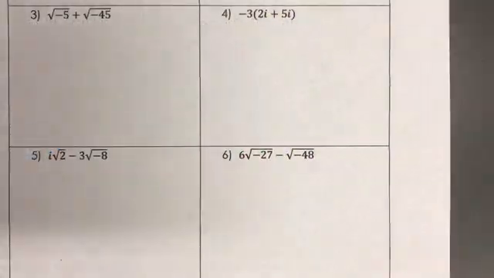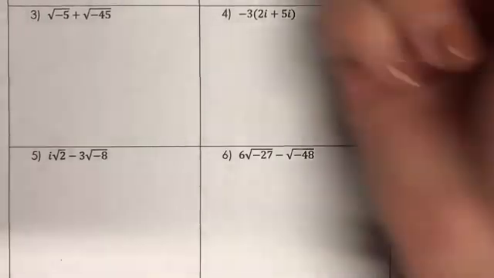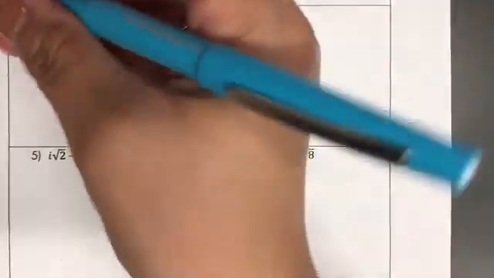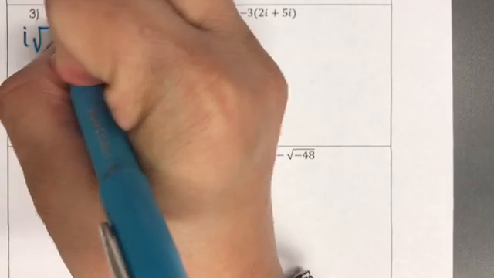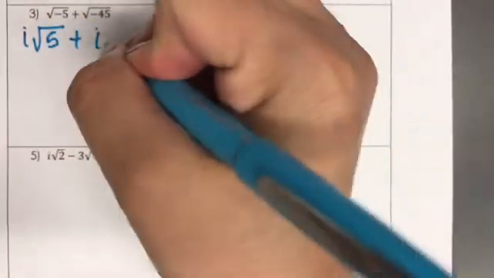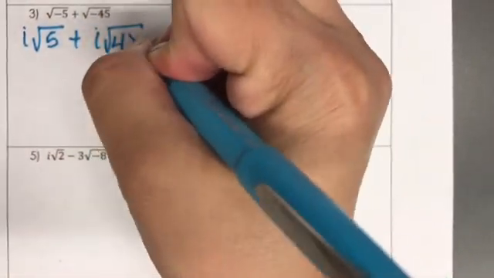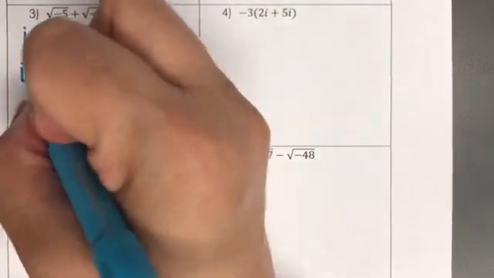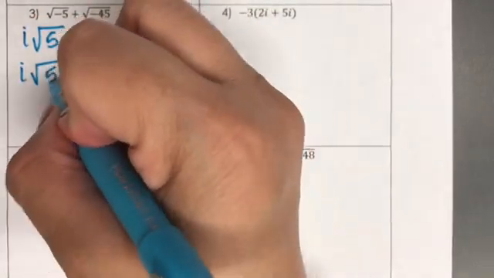Alright, let's look at number 3. I have the square root of negative 5 plus the square root of negative 45. We're going to simplify by taking out the negative. We're also going to simplify by looking at the roots, which one has a perfect square.